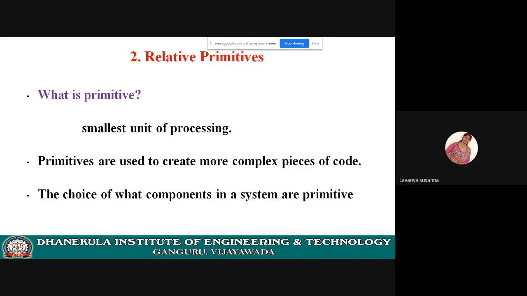But in computing, primitive means a basic thing, or the smallest unit of processing available to the programmer.